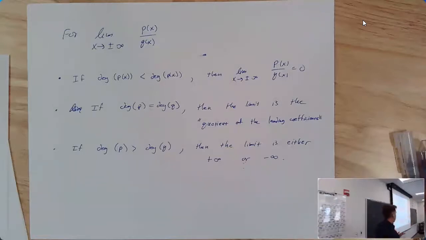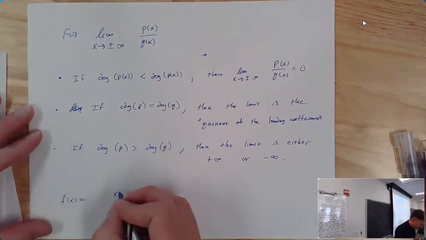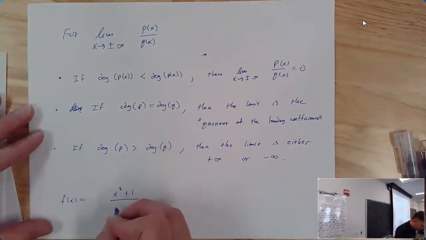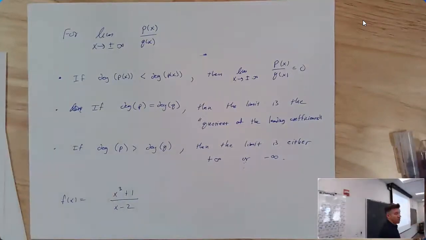I will point out, but I will not get into the fact that if you had a function like x cubed plus 1 over x minus 2, although we don't generally talk about it, this function has a parabolic asymptote.